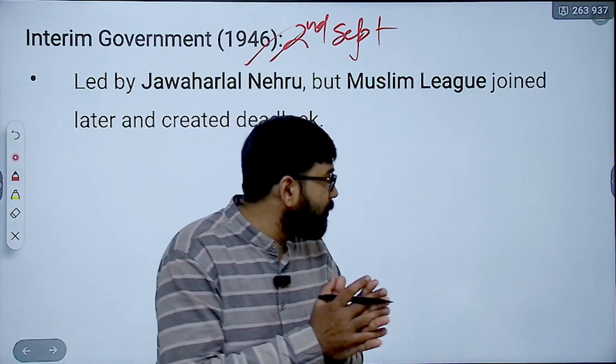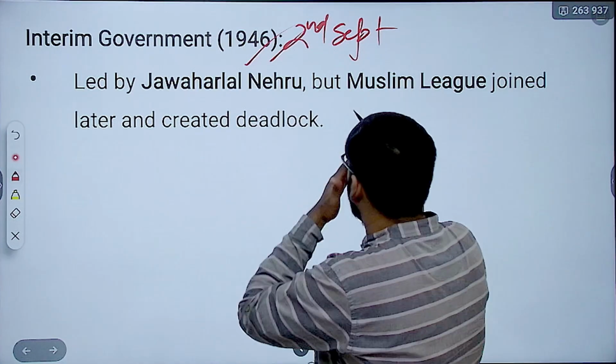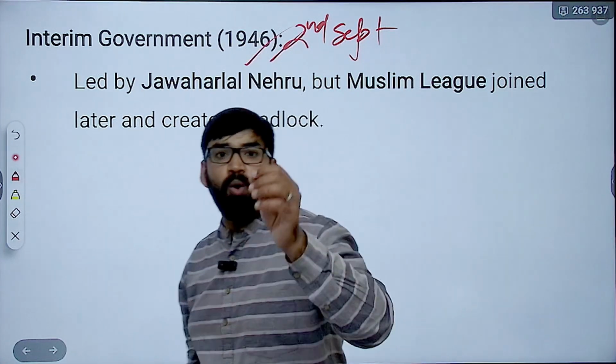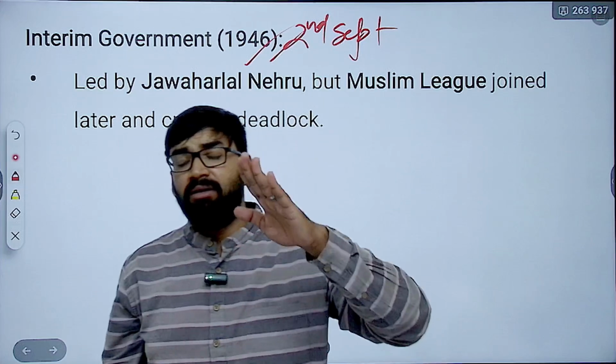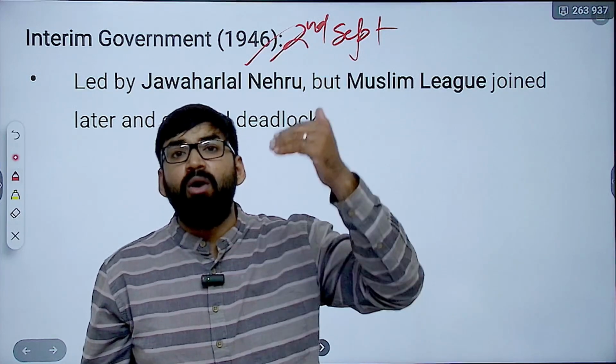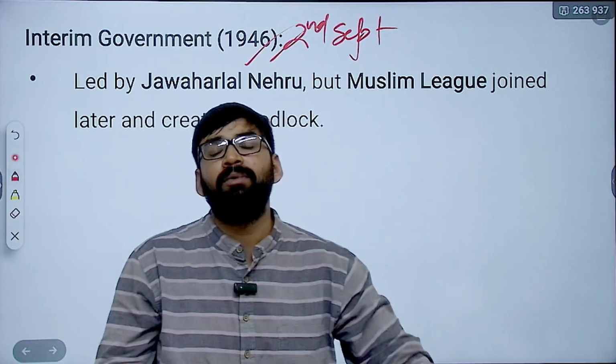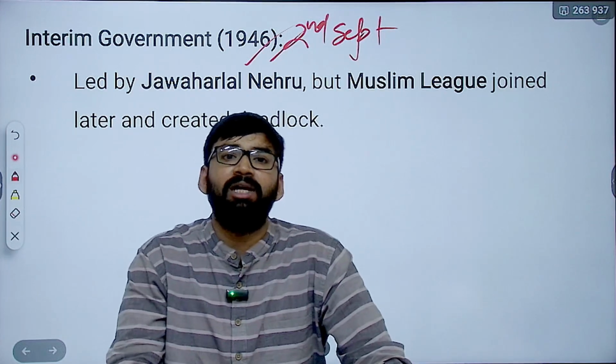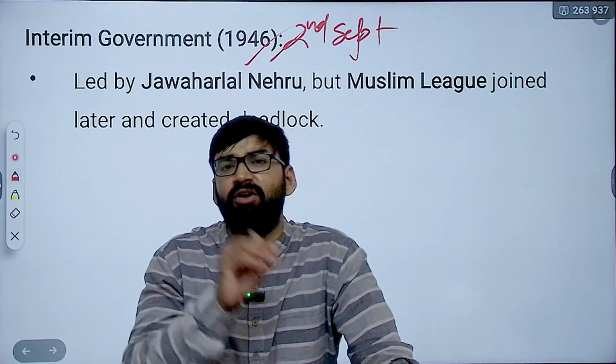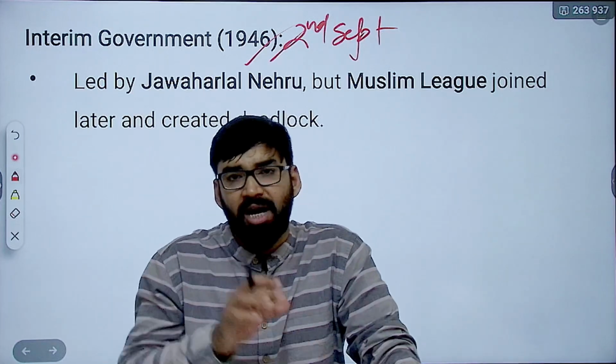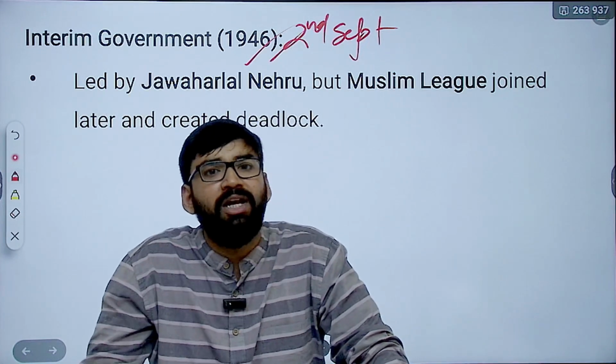And Sardar Vallabhbhai Patel was made Home Minister, and later the Muslim League also joined this interim government, and Muslim League candidate Liaquat Ali Khan was given the finance portfolio.